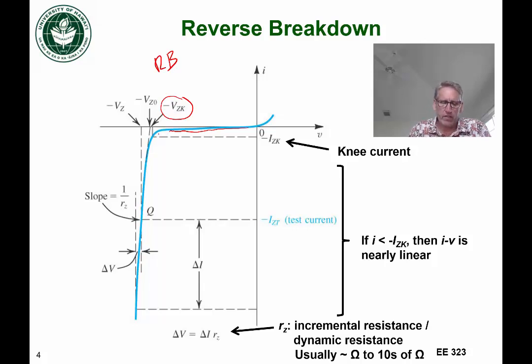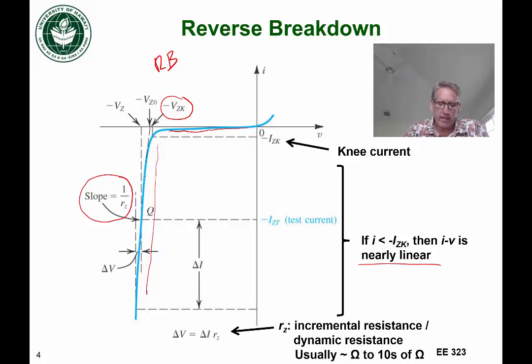Now, once the diode is on in this reverse bias region, we can see that the current voltage relationship in this area is nearly linear. And so we approximate this for circuit applications as linear, and the slope of that line would be 1 over RZ, where RZ is the Zener resistance.